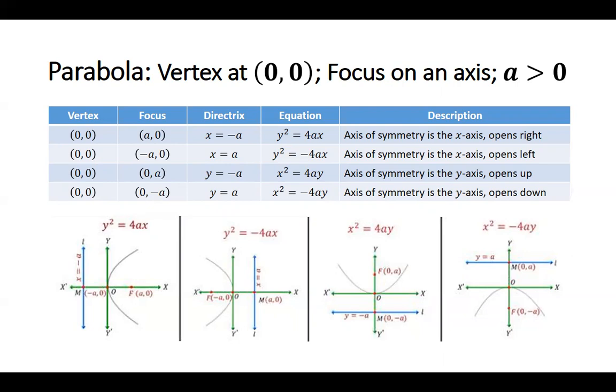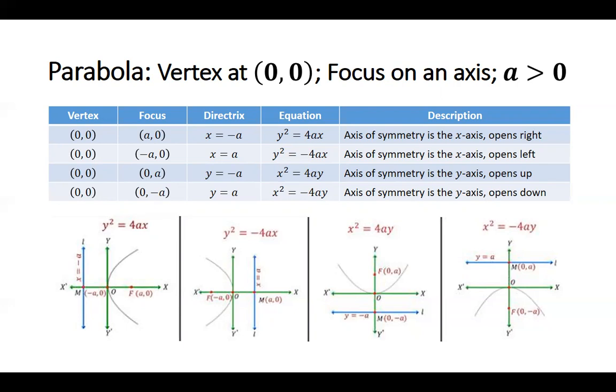So we can right here say that for that standard parabola, the focus is at (0, 1/4). The directrix is at y equal to negative 1/4. X squared is equal to y. The axis of symmetry is the y-axis, and it opens up. So we can see how with the simplest parabola that we've dealt with, how it fits into this. And you can see we've got the little pictures below to give us a visual of what's happening.